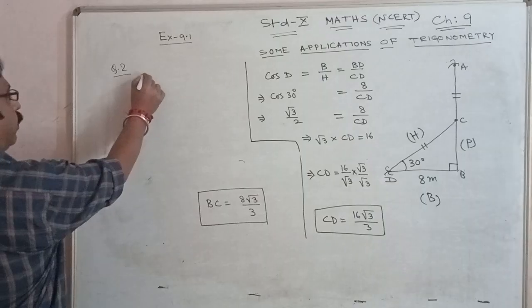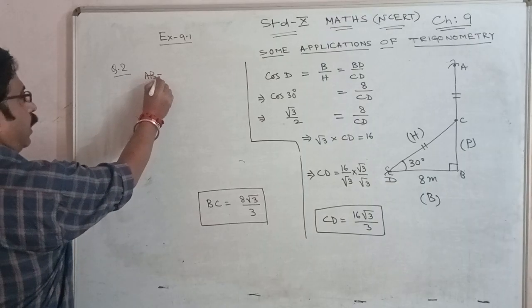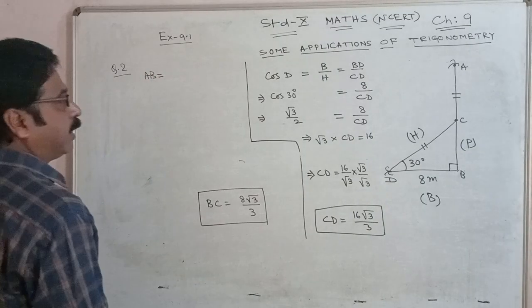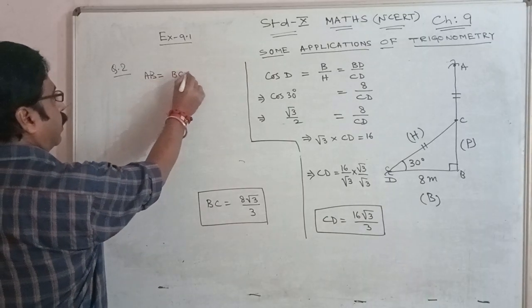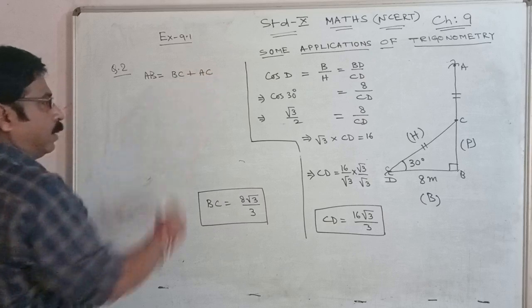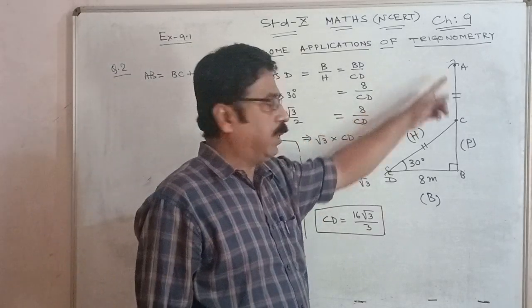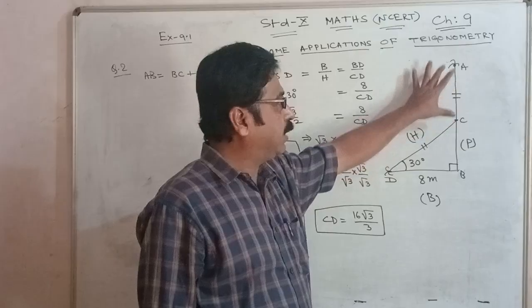AB means BC plus AC. Total is AB. That means BC plus AC.